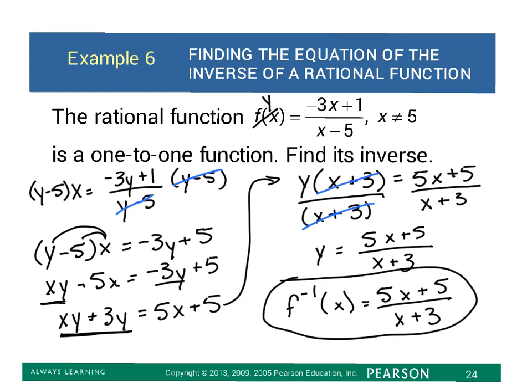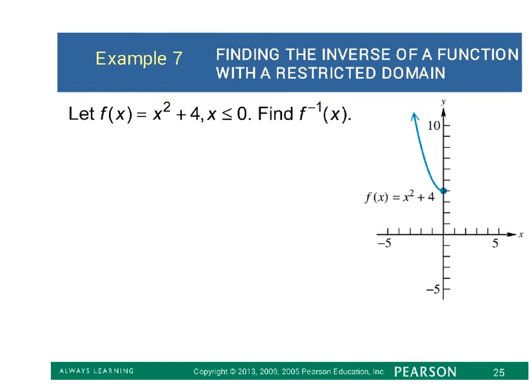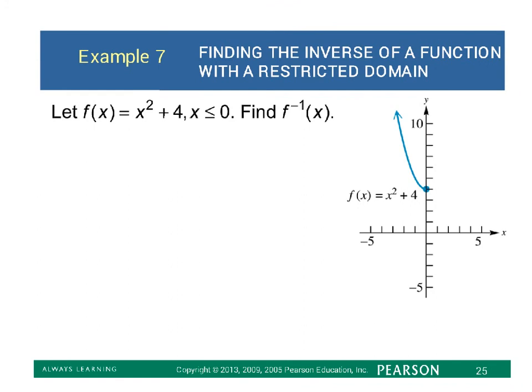Okay, so the last example I have for you confuses many of my students that I've had in the past, so hopefully I explain it to you well. On this one, we are finding an inverse function of a function that has a restriction on the domain. And this is our restriction right here.